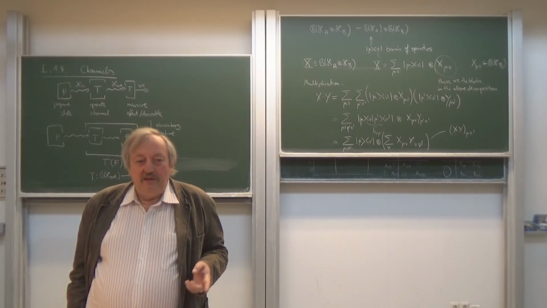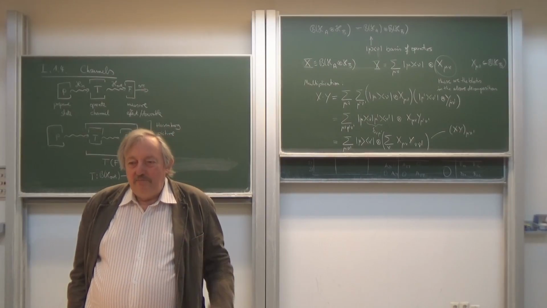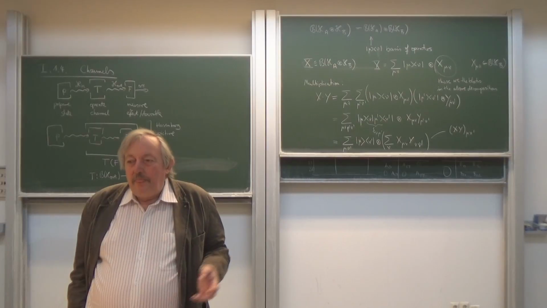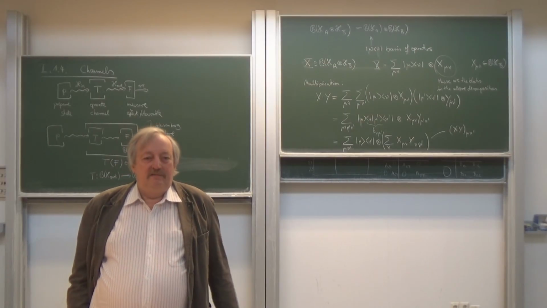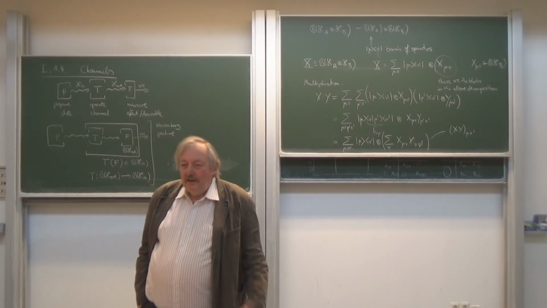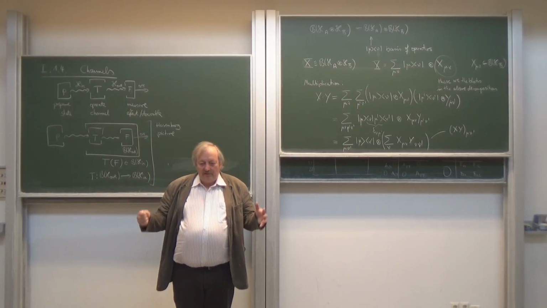Now, how did this appear in your quantum mechanics lecture? Definitely, people there also talk about the Heisenberg picture and the Schrödinger picture. And they usually do this for one very particular channel, which is the time evolution. Now, the time evolution is just one of those operations. And it goes like this.